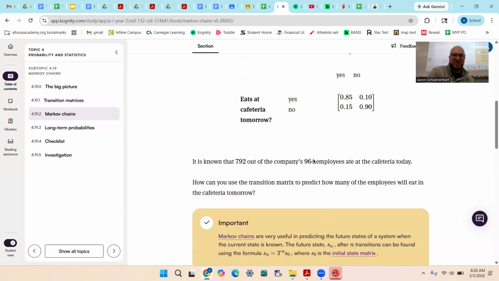So the transition matrix is T. So I'm just going to multiply, and I have to left multiply this because 2 by 2 by 2 by 1. Remember when we multiply matrices, the insides have to match. And so we always will do transition matrices this way. 792. I need the non-cafeteria count.